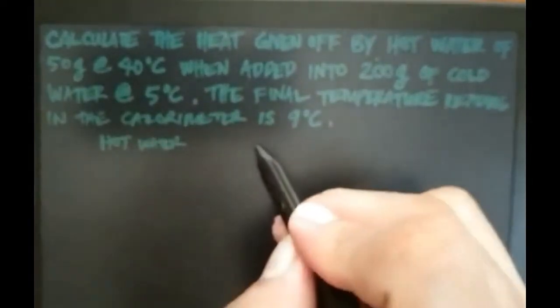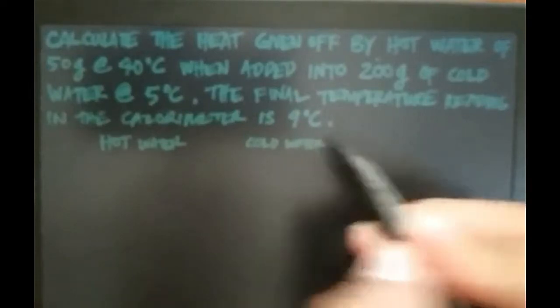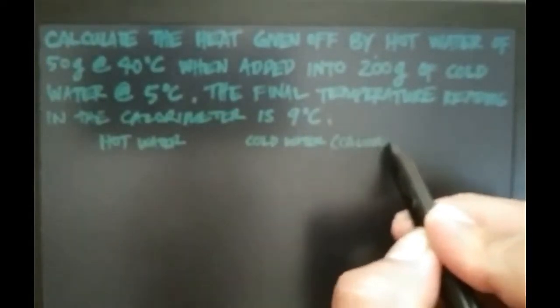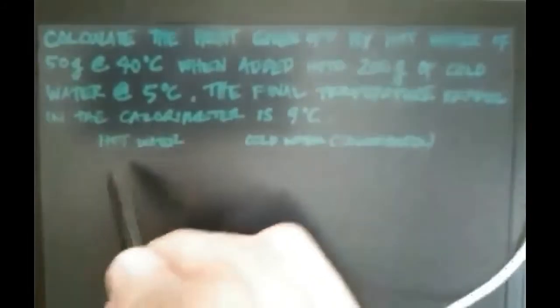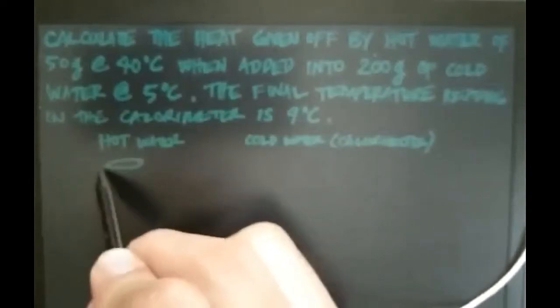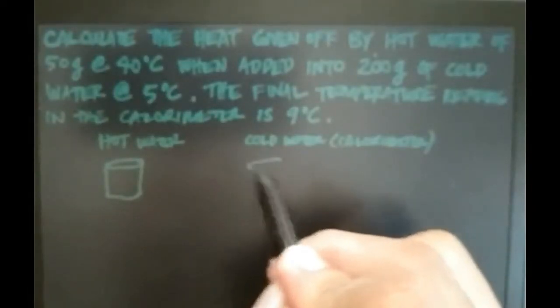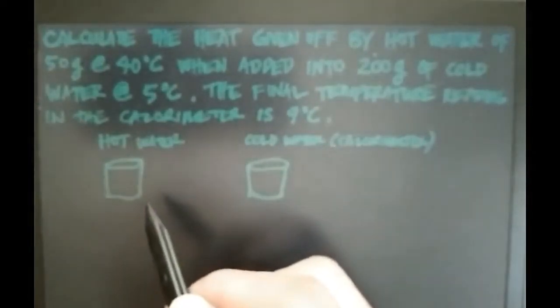So let's say we have hot water and a cold water. The cold water will be our calorimeter. And we have 50 grams hot water and 200 grams of cold water.